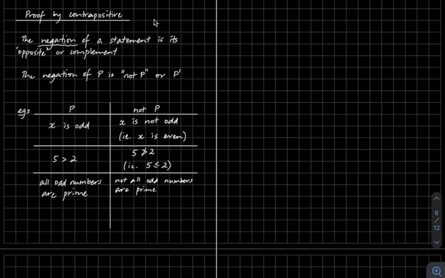If we say all odd numbers are not prime, we mean every single odd number is not prime, whereas the negation of all odd numbers are prime is really just that there's at least one odd number which is not prime. So another way of saying it would be at least one odd number is not prime.